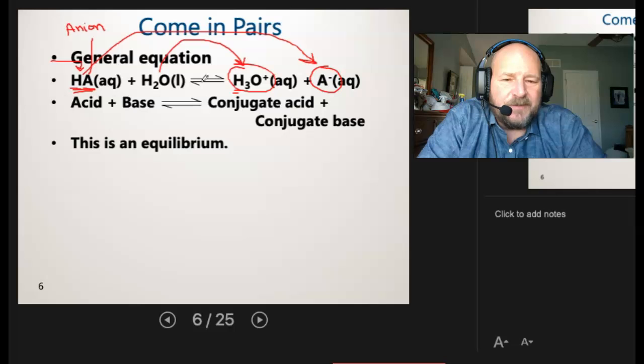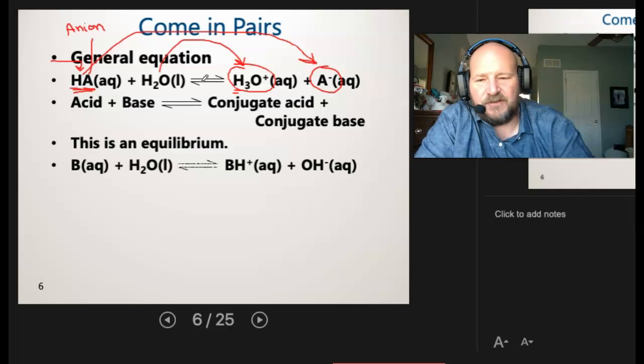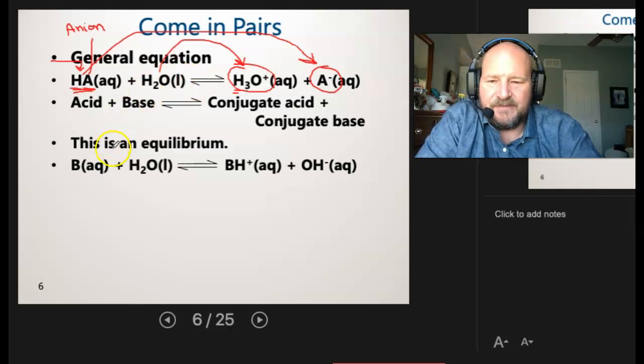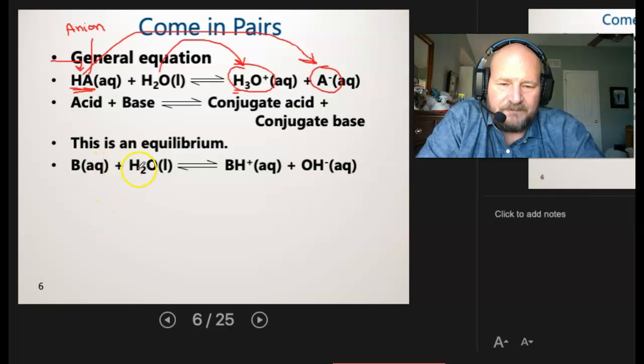Now we can do this equilibrium with bases as well. So for our general format, we're going to take a base and we're going to put that in water. And now we're going to see water can act as the acid. The base will accept a proton from the water and give us BH+. Since we pulled one of the hydrogens off the water, we're left with hydroxide.